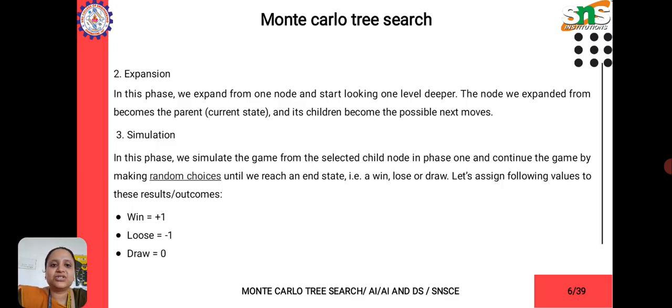Now the simulation will be followed using the sampling method and it is done with the child node. The simulation process is done to get the possible number of outcomes: the possible number of winning, losing, or draw results. In simulation, you can take tic-tac-toe as an example, where we simulate whether we can win, lose, or the match is a draw.